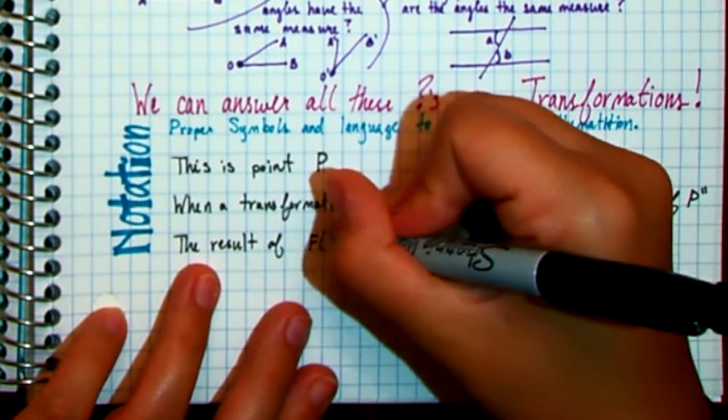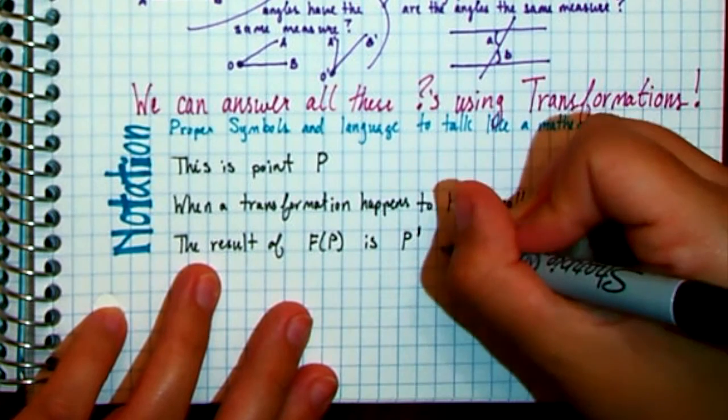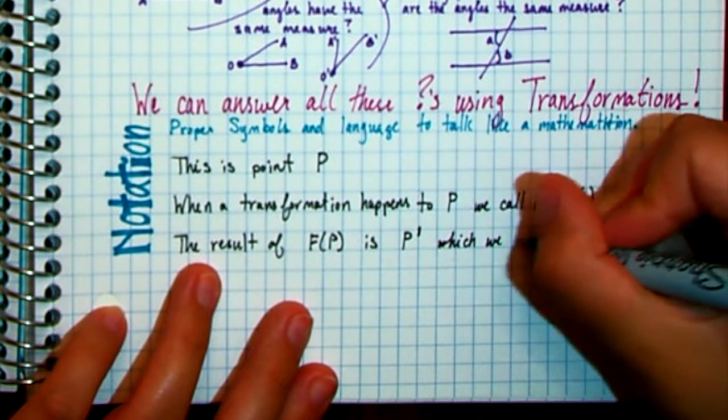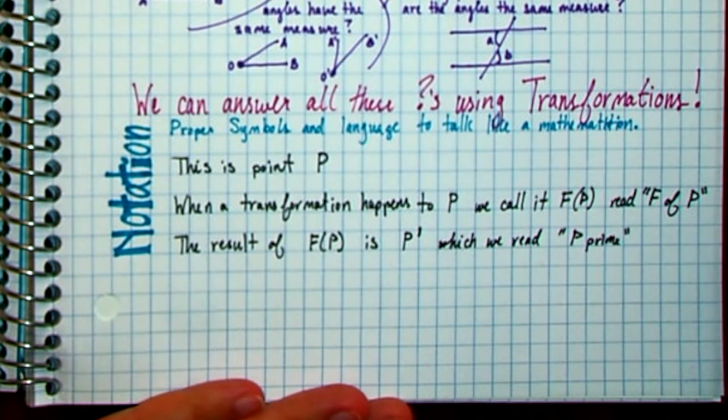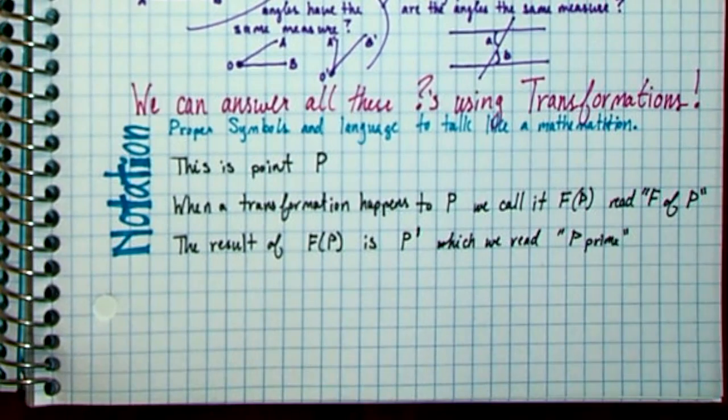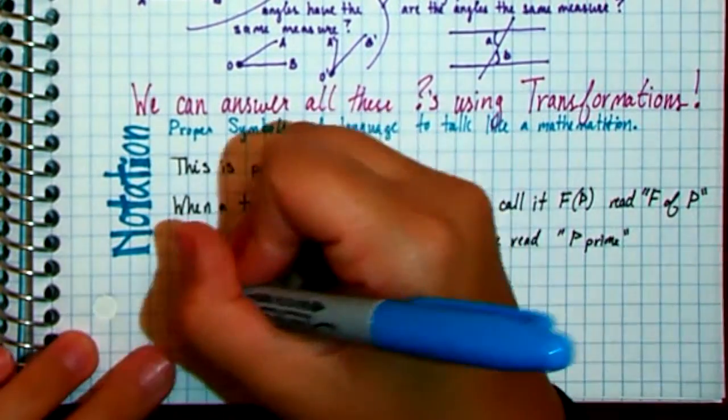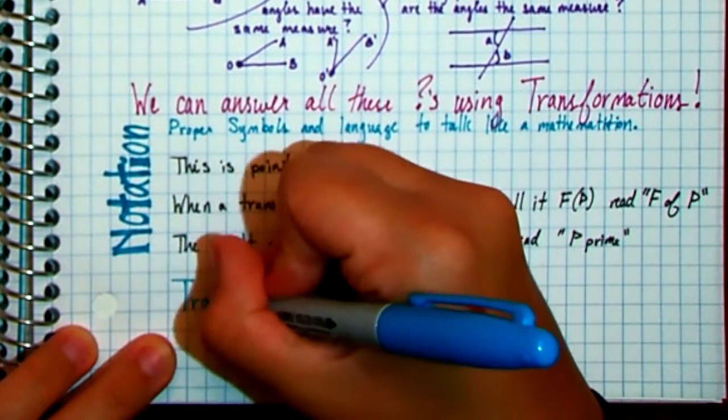The result of the function of P is called P prime. So you have a point P, you do something to it, and you get what's called P prime. It's the same point in a new location.